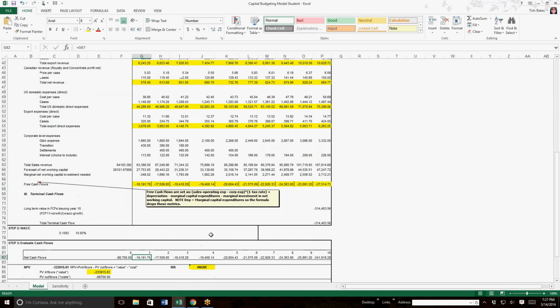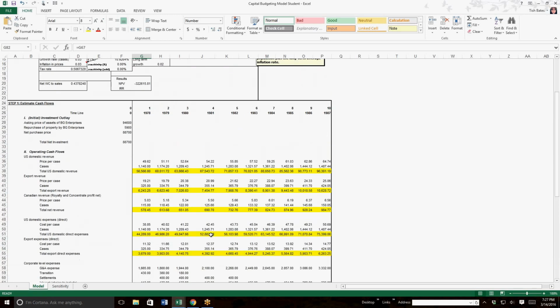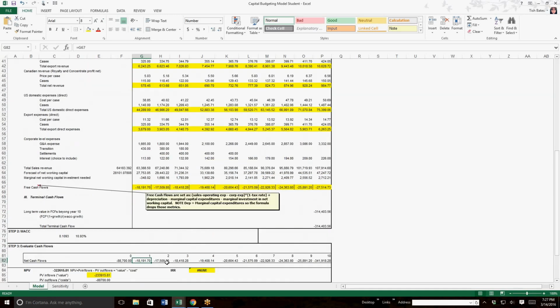Nope, that didn't help. That's the formula they had in there. Yep. That didn't work either. I don't know why that's coming up number.